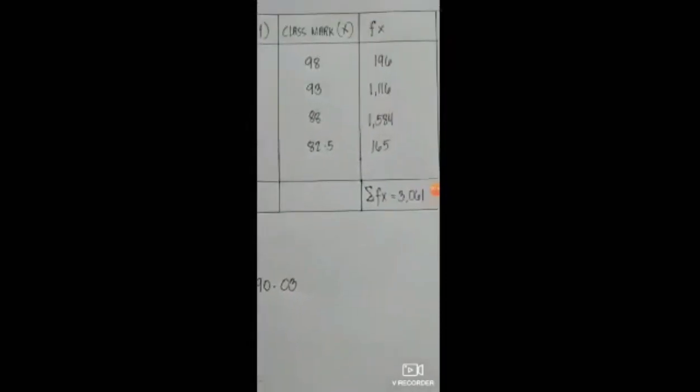So to get our deviation from the mean, since we have the mean, what we have to do is subtract the mean from the class mark. So 98 minus 90.03 equals 7.97, and 93 minus 90.03 equals 2.97, and so on.